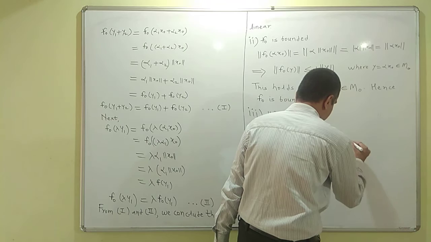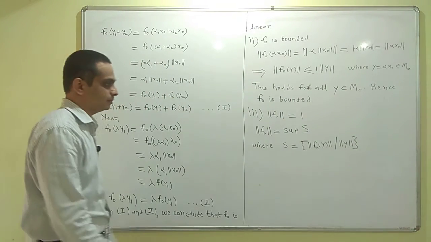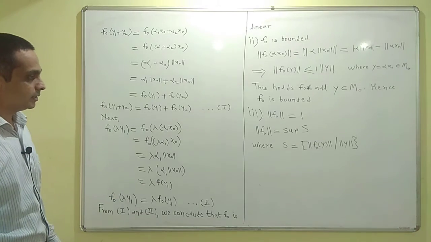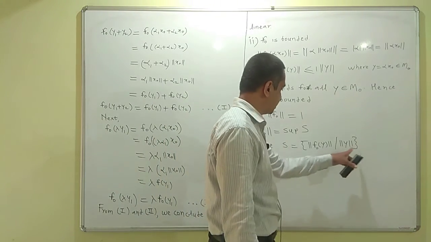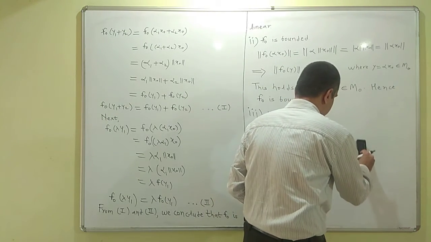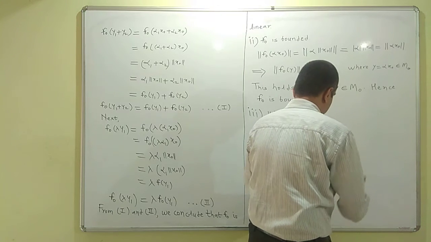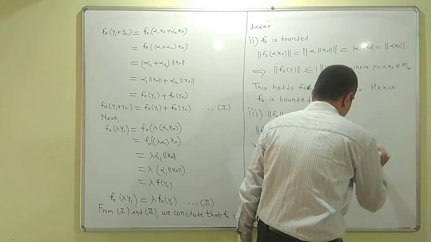It doesn't matter whether we use x or y, it is just a matter of notation. So S consists of norms of all vectors where norm of phi is less than or equal to 1 and phi belongs to M0.